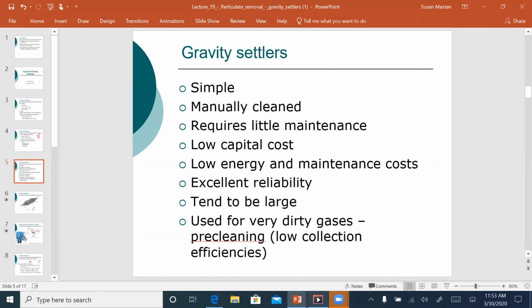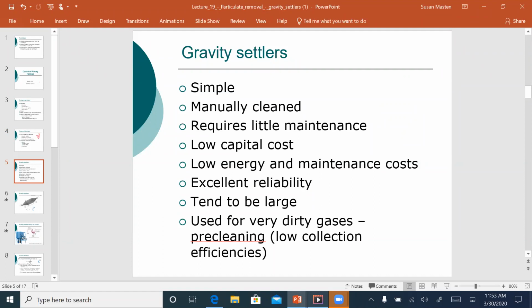These are simple to operate. They typically are manually cleaned at some sort of regular interval. Because they have few moving parts, they require very little maintenance, and have low capital costs and low energy and maintenance costs. They're reliable. The big problem is they're large.